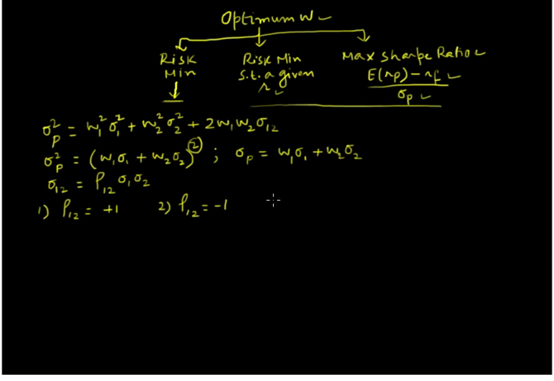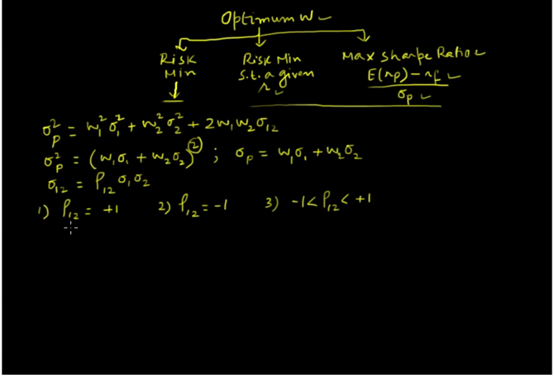And then there could be a third possibility, which could be that the correlation coefficient may be between the two extremes of -1 and +1. Let us deal with these three possibilities in sequence.